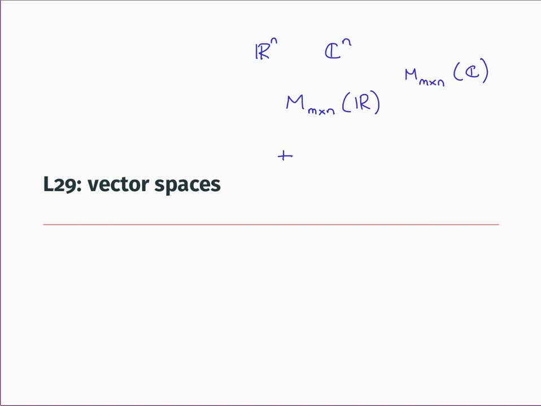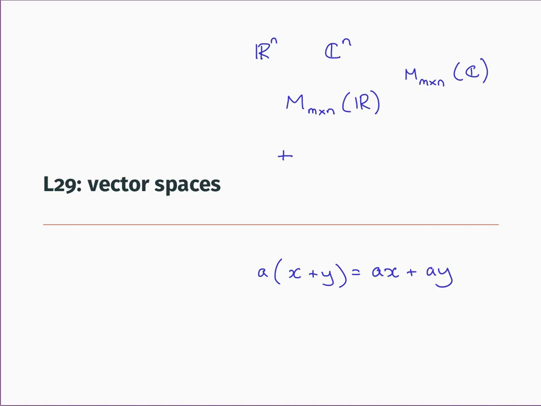But what's more than that, those operations of addition and scalar multiplication obey similar rules in every single one of these cases. For example, the statement that if you have a scalar a and you multiply it into x plus y, then the result is the same as a times x plus a times y.